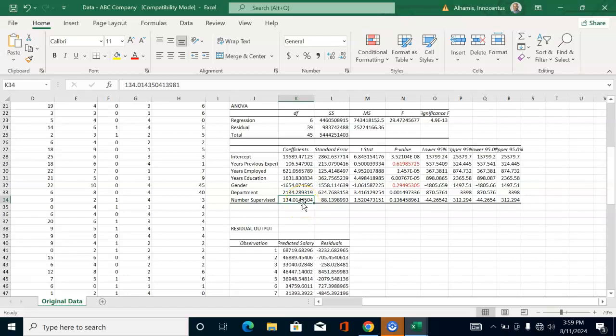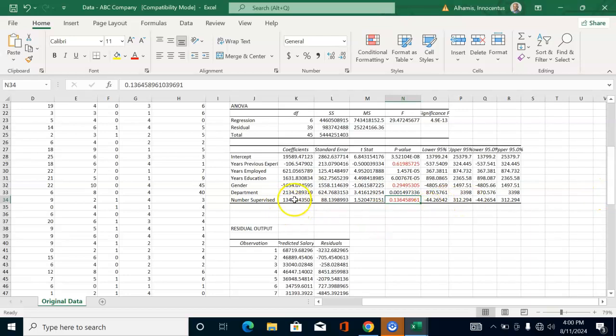To answer the question, we will look at the probability value. You can see the probability value in this case is 0.14, and that is greater than 0.05, and therefore we can say that this amount is not significant. So the salary of these individuals doesn't depend on the number supervised. Whatever they get is not significant by having an additional person to supervise.